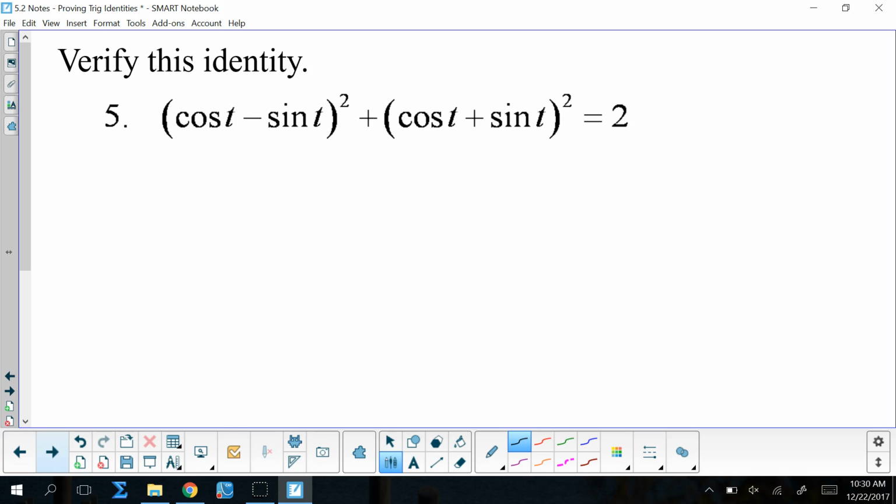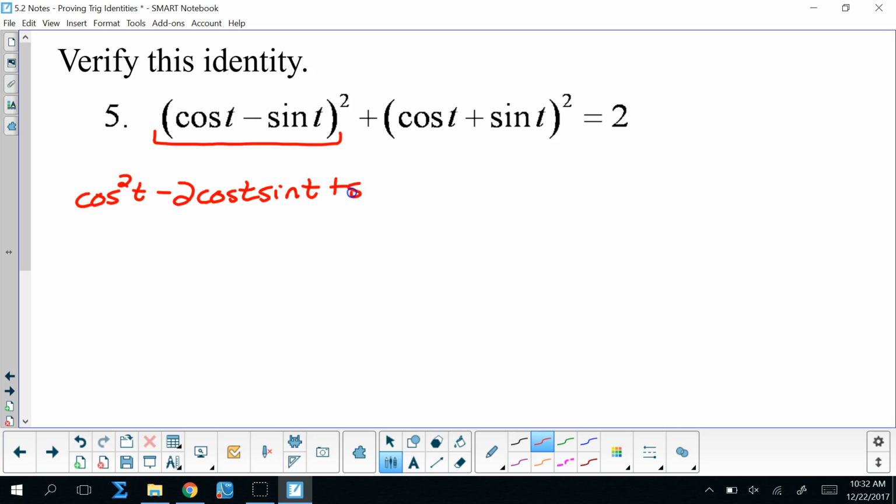Here we go. Go for it. Okay? That's what that multiplies to be.